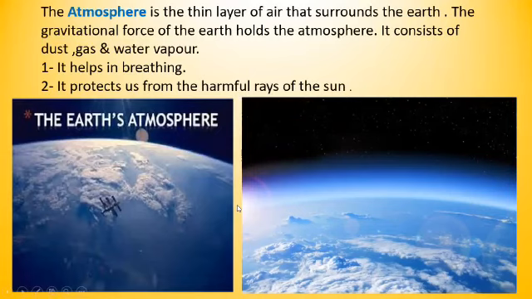Atmosphere is a thin layer of air that surrounds the earth. The gravitational force of the earth holds the atmosphere. It consists of gas, dust, and water vapor. How is it helpful to us? First, the atmosphere helps in breathing, and second, it protects us from the harmful rays of the sun.